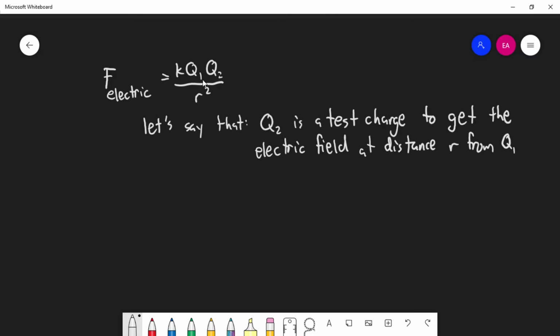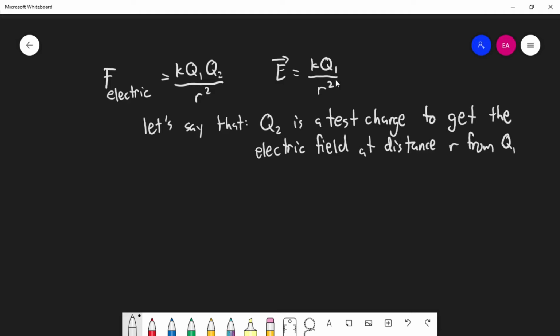Since it's a test charge, when we remove it, we also remove it from the equation. However, it won't become electric force anymore. The electric field, given by the symbol E, is equal to K Q1 over R squared.